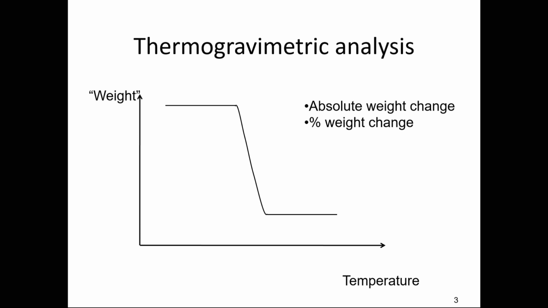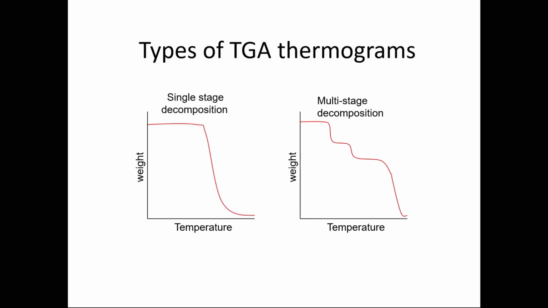The TGA thermograms could look different for different compounds. Some compounds will undergo single-stage decomposition, and in this case they will have just a single step when the sample is losing weight.